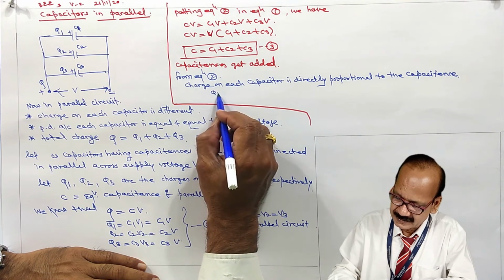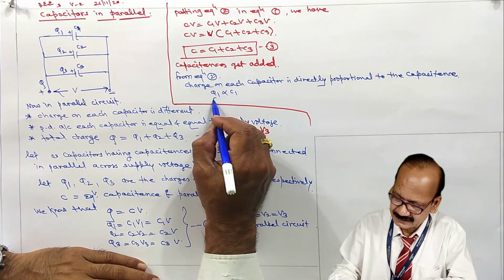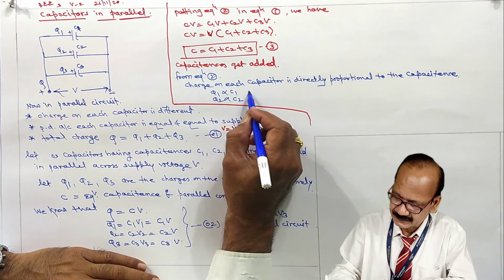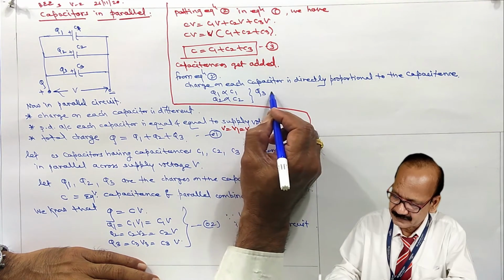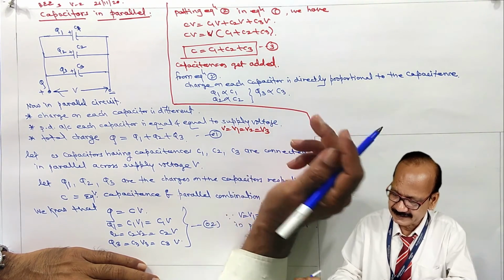So Q1 proportional to C1, Q2 proportional to C2, and Q3 proportional to C3.